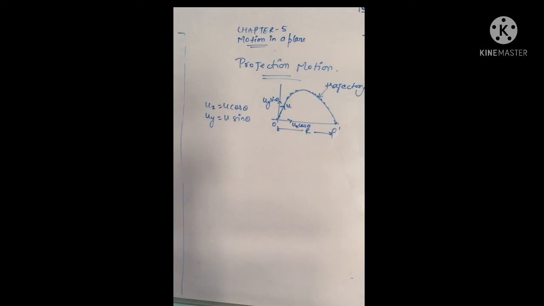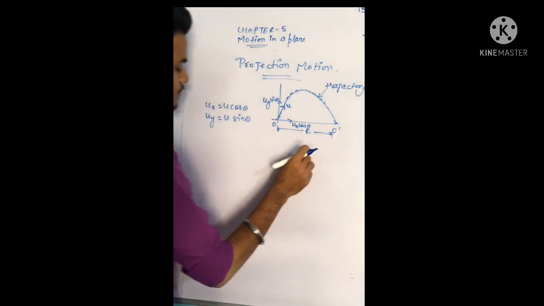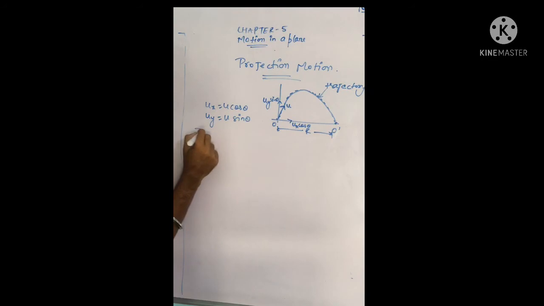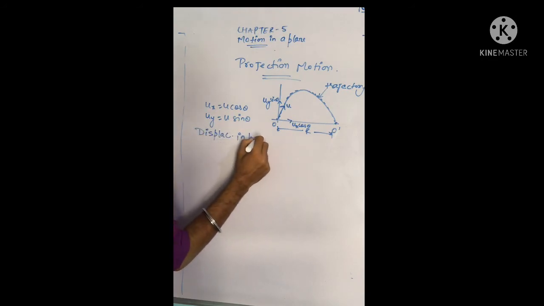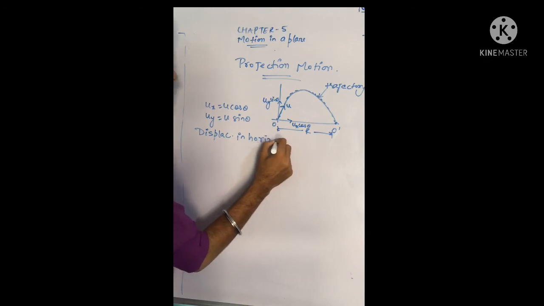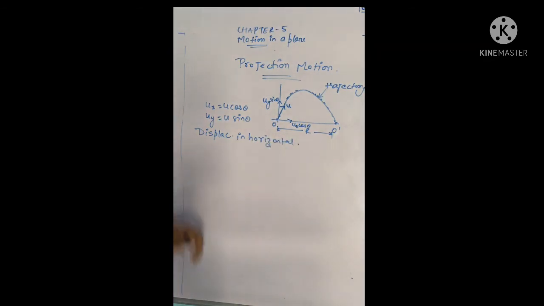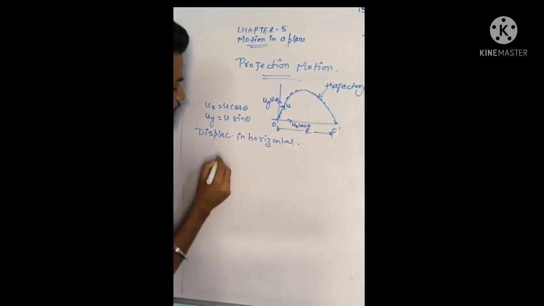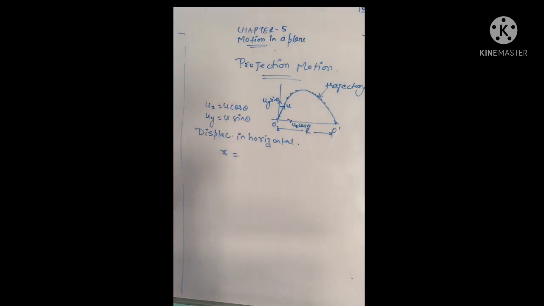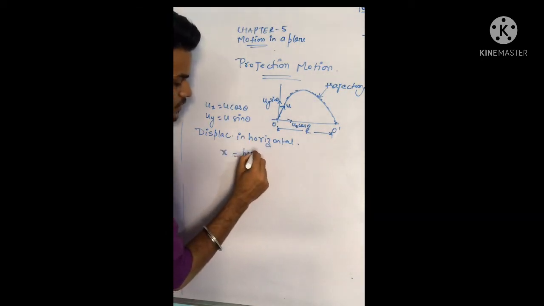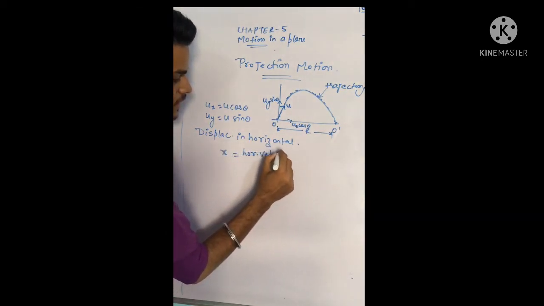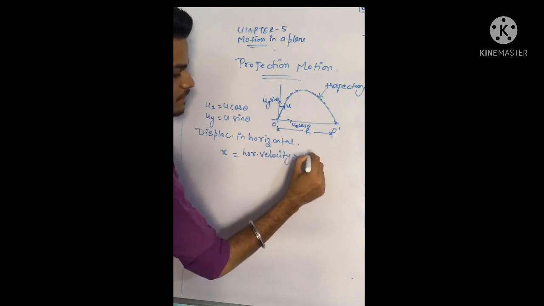Now how to find the displacement in horizontal direction? In the horizontal direction, let the displacement be x. The formula for displacement is velocity into time, so it will be horizontal velocity into time.